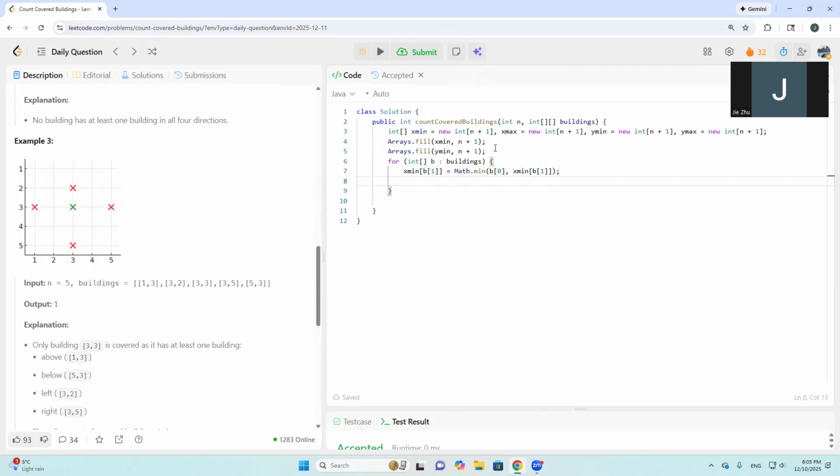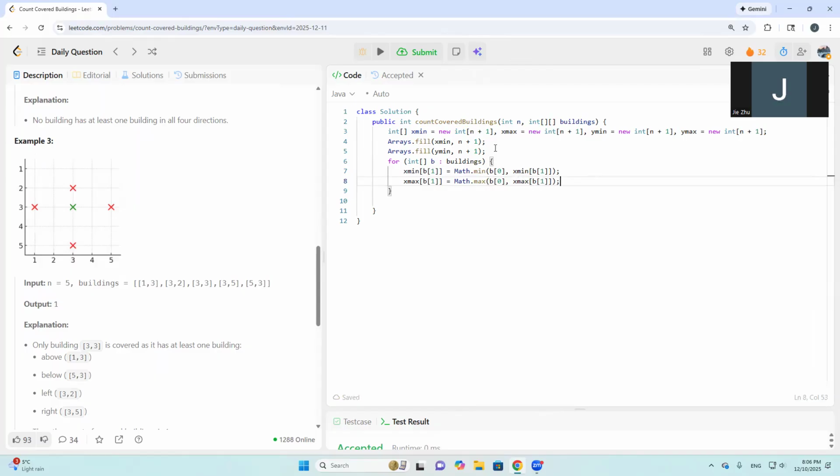And also x max b1 equals Math.max of b0 and x max b1.